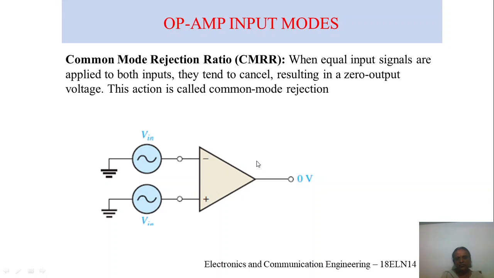When we don't want the distortion or the noise which is occurring externally, then we give both inputs the same voltages, then we short them, and when equal inputs are applied to both inputs, they tend to cancel, resulting in a zero output voltage. This is called common mode rejection. Okay, hope I am very clear.